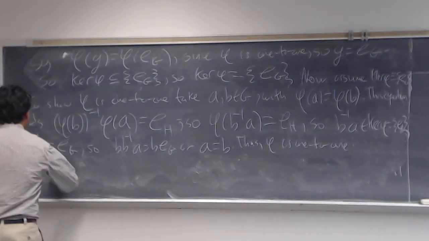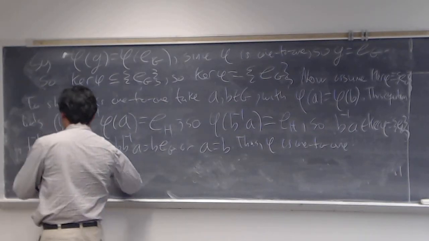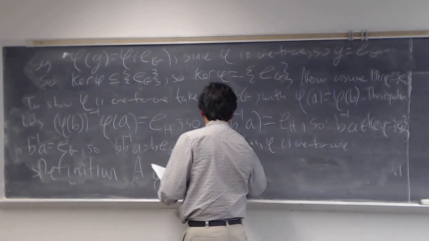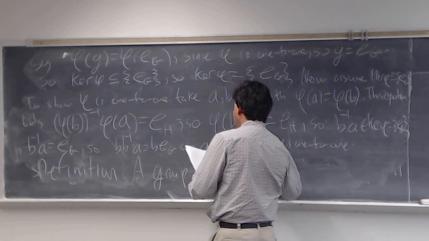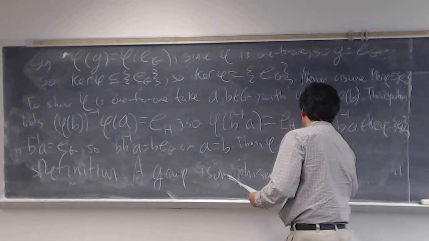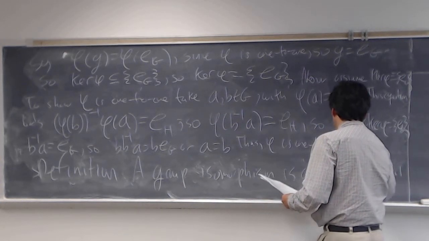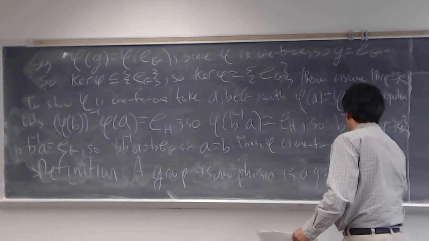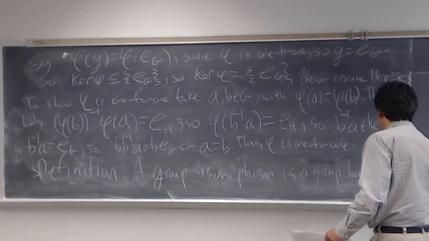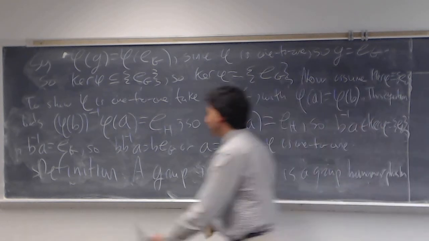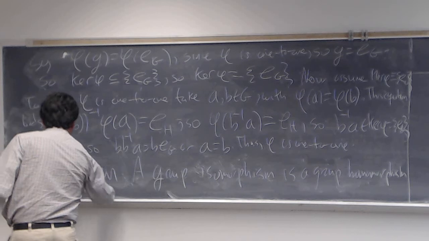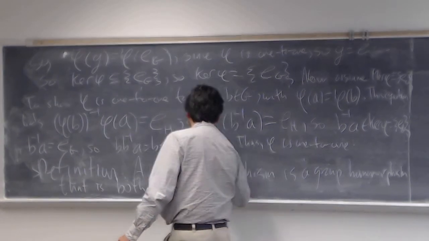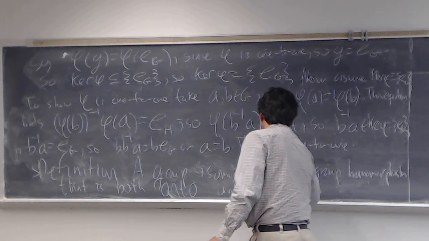We now give an important definition. A group isomorphism is a group homomorphism that is both onto and one-to-one.